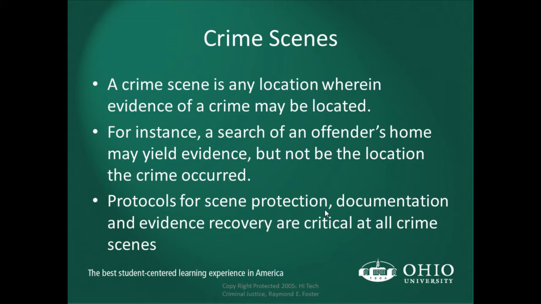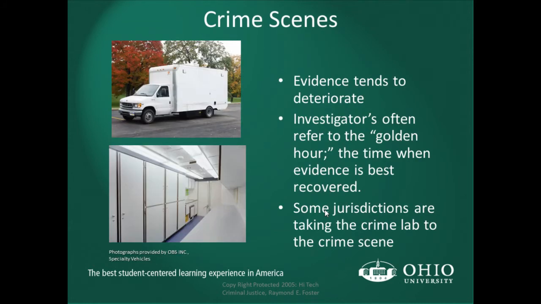There are protocols for scene protection. Documentation and evidence recovery are critical at all crime scenes. If things are collected by a certain evidence recovery procedure, certain protocols are put in place to secure the scenes and make sure that the evidence at those scenes is preserved. And quite often, a lot of departments and agencies are now taking the crime scene on the road.